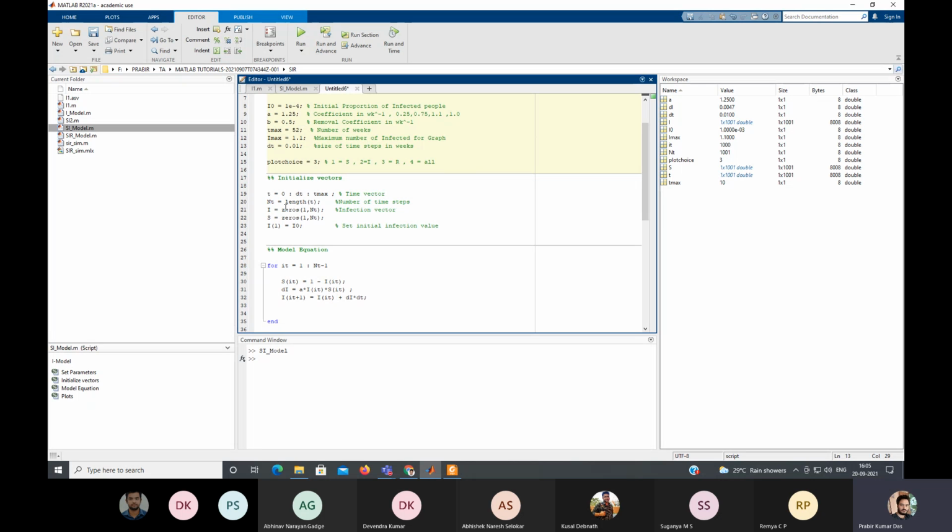So the next part, initialize our vector. T value will remain the same, NT will be the same, I0, S0. Then we have to build one vector, that is the R vector, also 0.